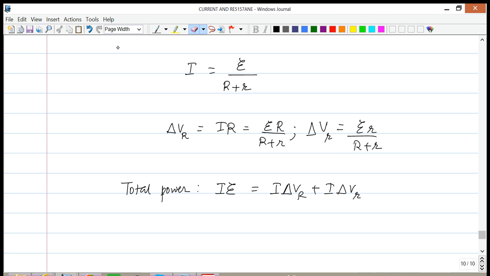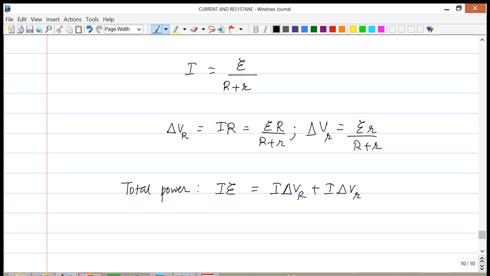So the power itself would be split between the two. Essentially what this is saying is that in real cases there is an internal resistance associated with the battery, as a result of which the load resistance only ends up getting a fraction of the total voltage that it should get.